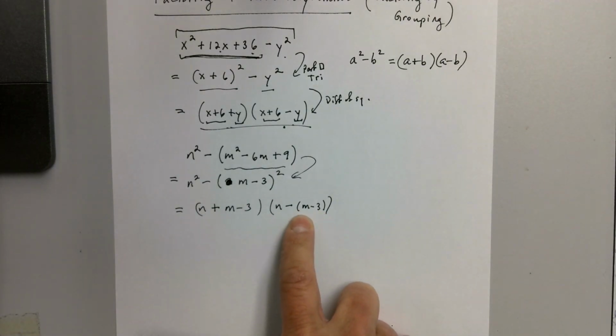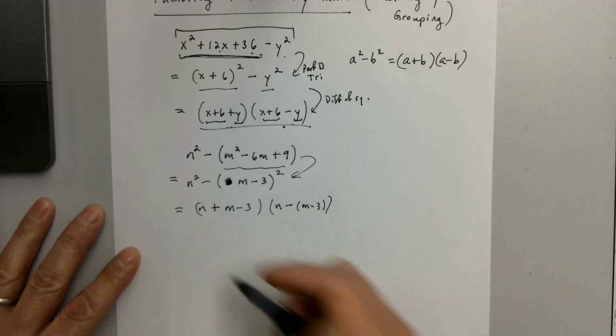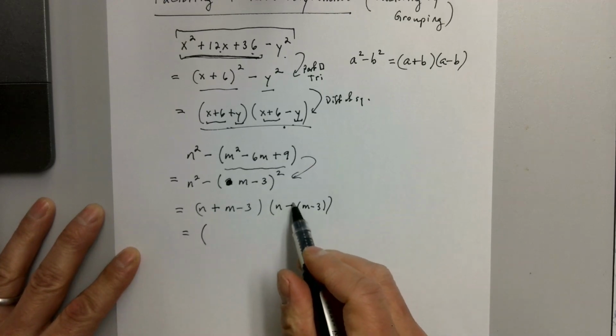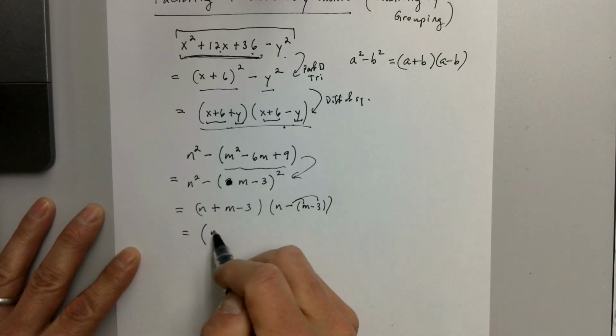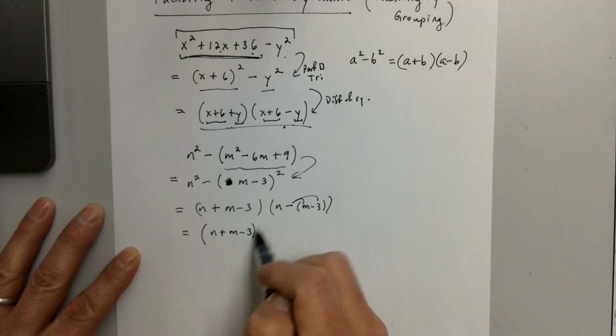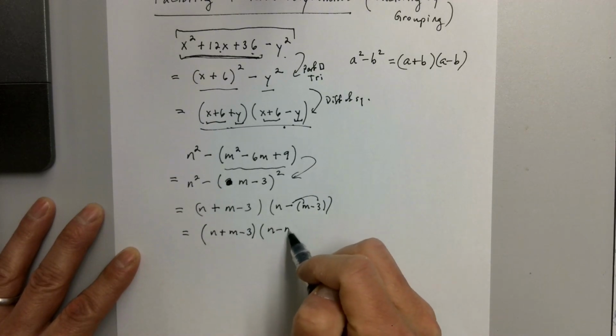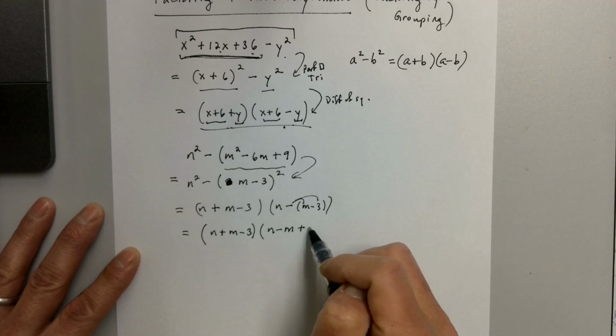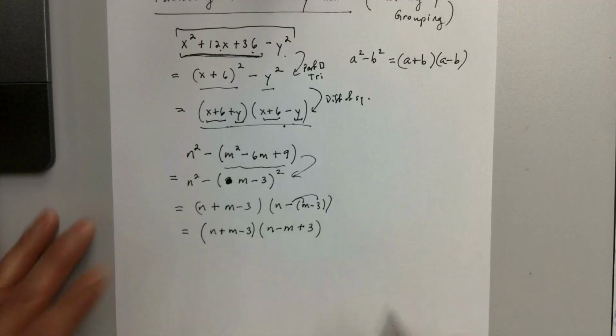I'm not just subtracting the m, I'm subtracting m minus 3 from n. And then I am allowed to distribute that negative sign, changing the sign of everything inside.